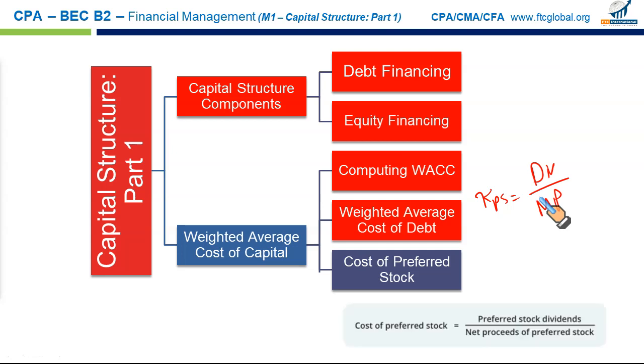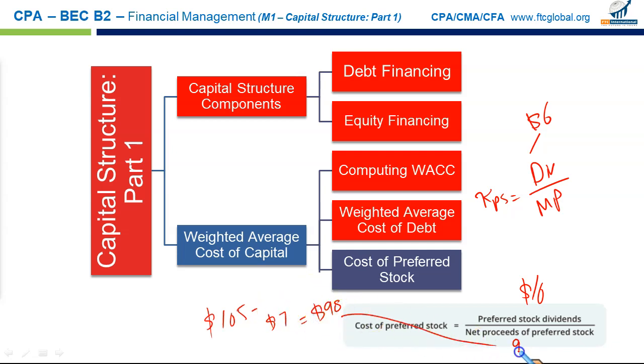For this we have the formula: preferred stock dividend divided by net issue proceeds. Let's say the fixed dividend payable is $6, and we have issued the preferred stock at $105, whereas there was a flotation cost of $7. So $105 was the issuance, $7 was the flotation cost. You received $98, and this $98 is called the net issue proceeds.